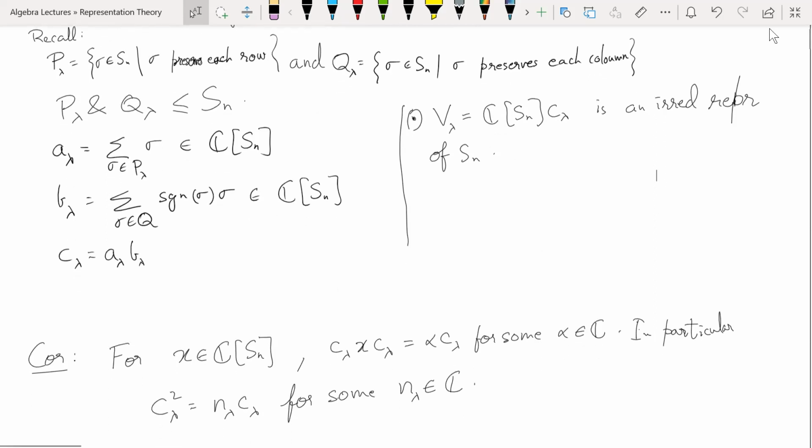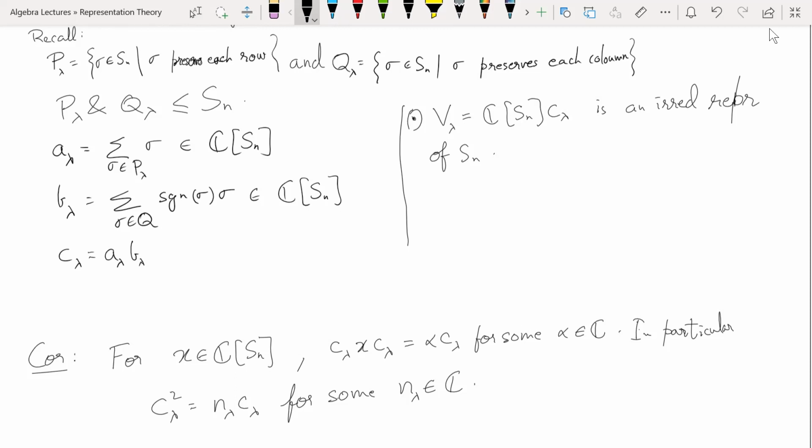Then you can define this representation V lambda to be CSn times C lambda. This is a subspace of CSn, and it's a sub-representation under the action of Sn, not just an ordinary subspace. It's a left ideal of CSn, and hence a representation of Sn.